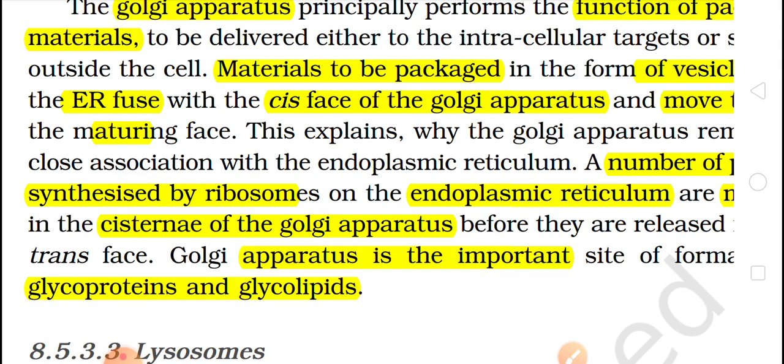Okay, two main functions I told you. First one, packaging of proteins and their modification. Second function, children, it is the important site for the formation of glycoproteins and glycolipids. Okay, so this is about the Golgi apparatus that we discussed.